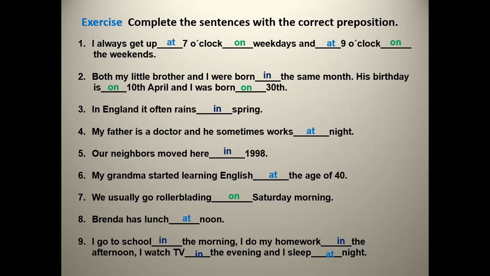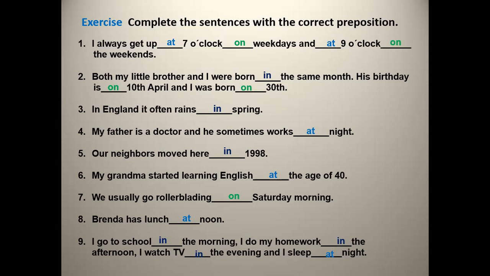I always get up at 7 o'clock on weekdays and at 9 o'clock on the weekends. Both my little brother and I were born in the same month. His birthday is on 10 April and I was born on 30th. In England, it often rains in spring. My father is a doctor and he sometimes works at night. Our neighbors moved here in 1998. My grandma started learning English at the age of 40.